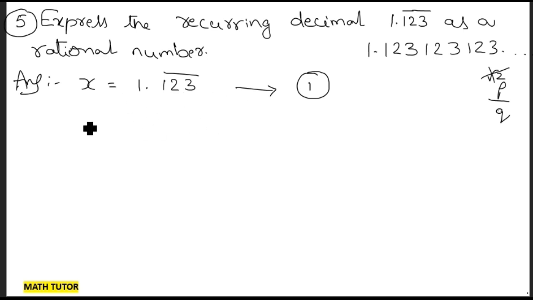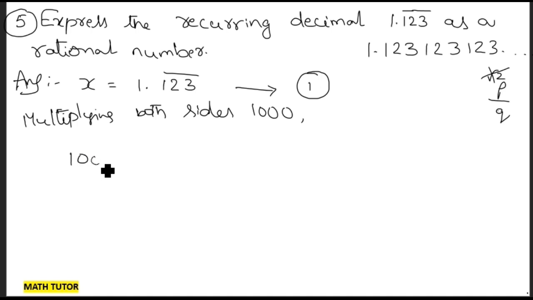Okay, now I need to remove this recurring decimal. So what should I do? I want to multiply both the sides by 1000. So multiplying both the sides with what? 1000. Okay, so what will I get? 1000 into x, that is 1000x, equals to how much it will be if I multiply with this 1000?